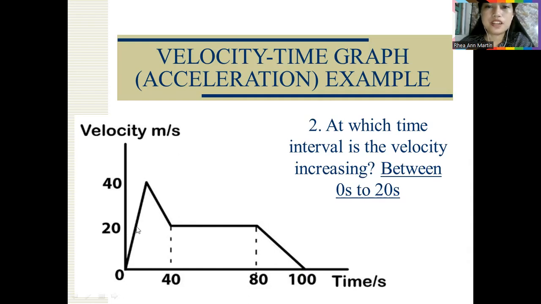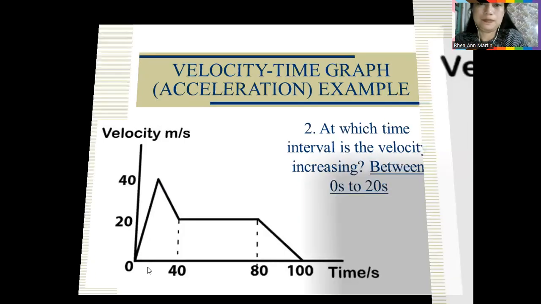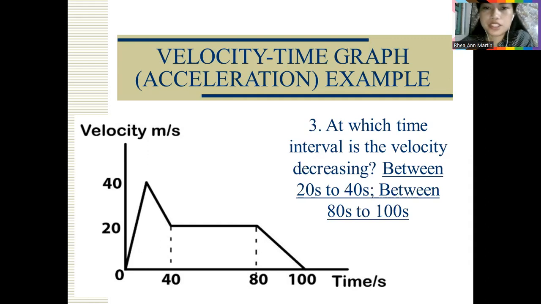So, the answer of velocity increasing is here, between 0 seconds to 20 seconds. Number 3, at which time interval is the velocity decreasing? Downward sloping line. Ito yun. Tsaka ito. Kaya, between 20 seconds to 40 seconds and 80 to 100 seconds.